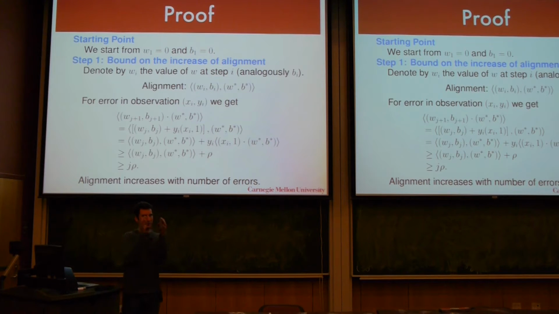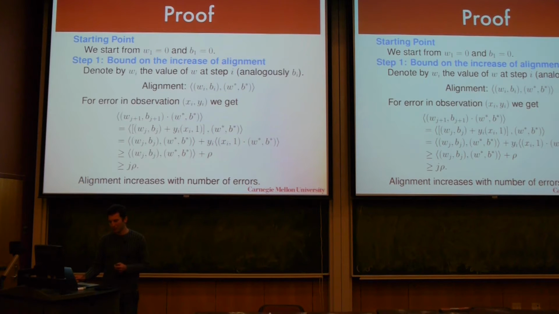Secondly, I'm going to bound the length of w_i and b_i from above. Then by applying Cauchy-Schwarz, since I have a lower and an upper bound, at some point those two bounds will contradict each other. I therefore know that at this point I must be done with my updates, because there cannot be any more updates, otherwise I have a contradiction.